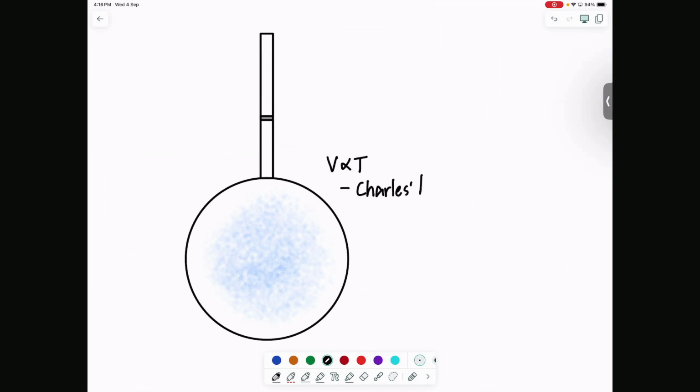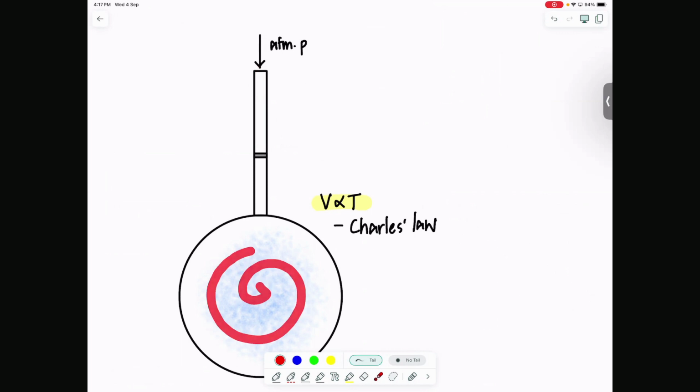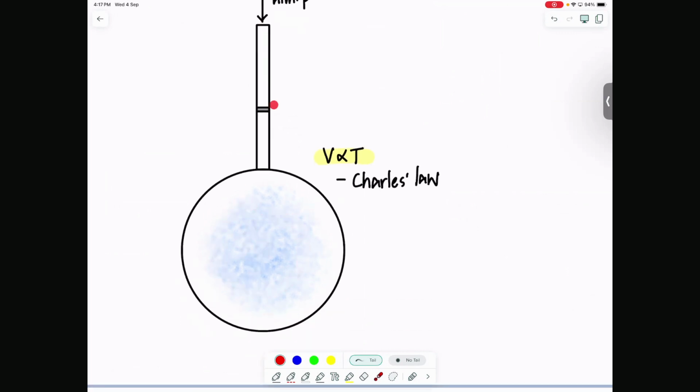The Charles law states that volume and temperature are directly proportional, given that what is constant? Pressure. If pressure is constant, we keep the what of the container open? The top. As you keep the top of the container open, what acts on the top? Atmospheric pressure. So because atmospheric pressure is acting here, there's a constant pressure acting on the system, and there's gas inside it. And when you heat this gas, you'll start to notice this pellet moves upwards.